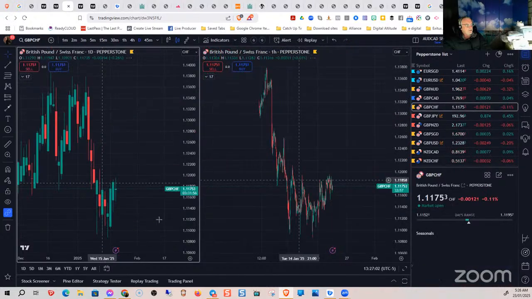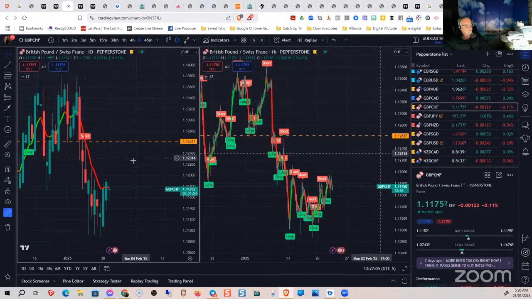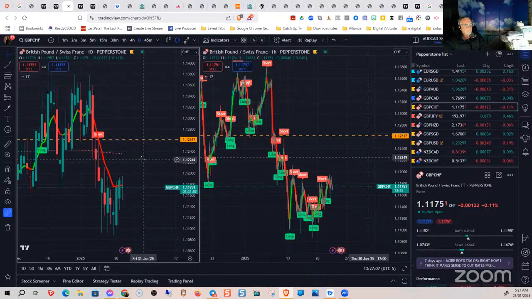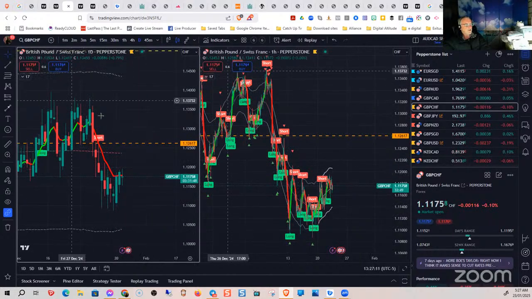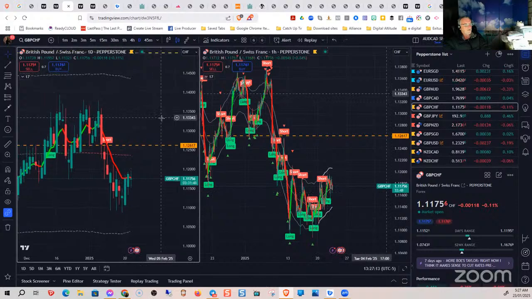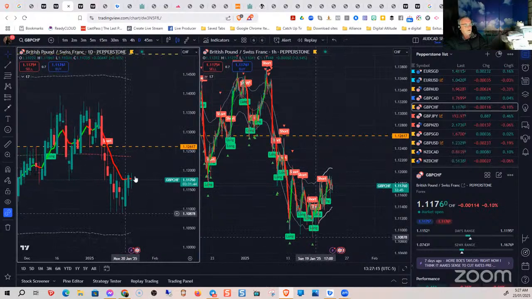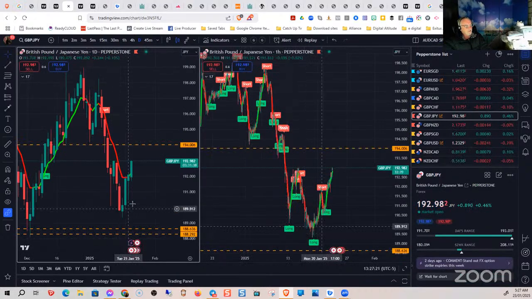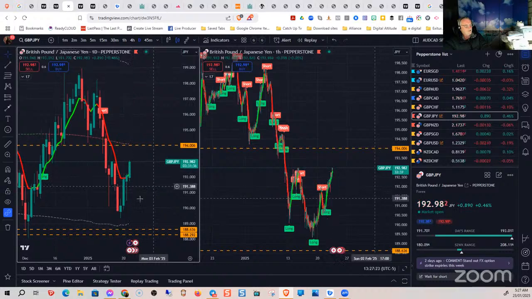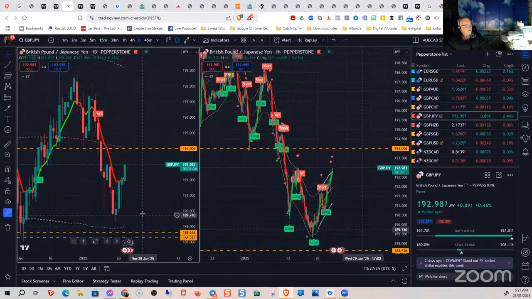GBP and CHF. Yeah, look, it's well inside the rail. It's just playing there. I'm not really looking at doing anything with this at the moment. GJ. Now we have a trend bar change, no long, not outside the rail.